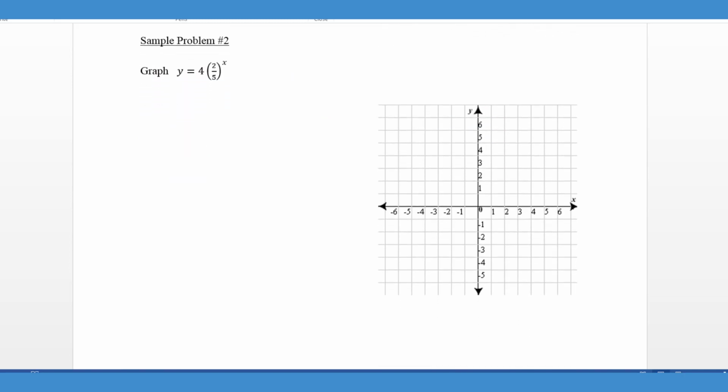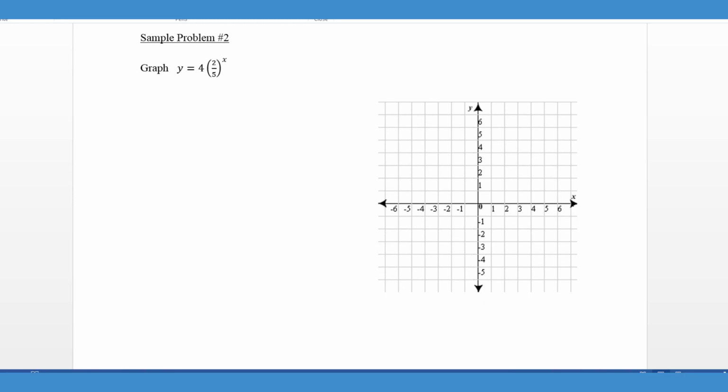If I look at sample problem 2, I now know that I'm dealing with decay because the base is a fraction. If you recall from the last problem, the a value was actually our y-intercept, which makes graphing a point much easier. Now that I've done that, I'll do one more point.